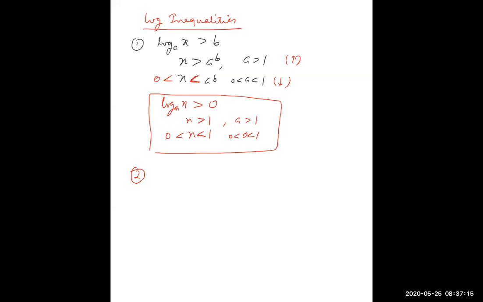Most general case of this you can write is log a x is greater than log a y. Then two cases will be there. x is greater than y if a is more than 1. x will be less than y if a is between 0 and 1.